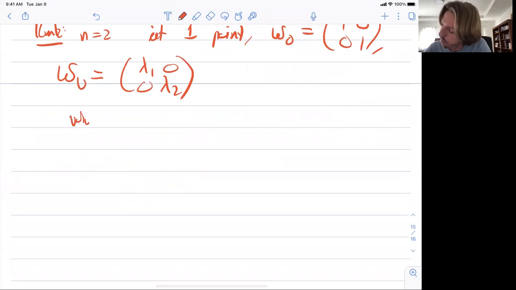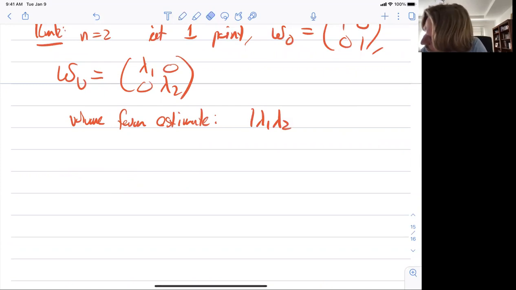The volume form estimate is just saying this is bounded above and below.